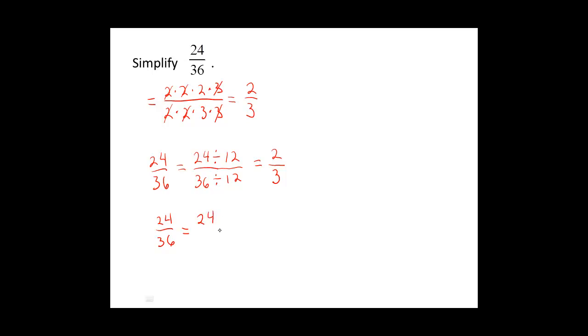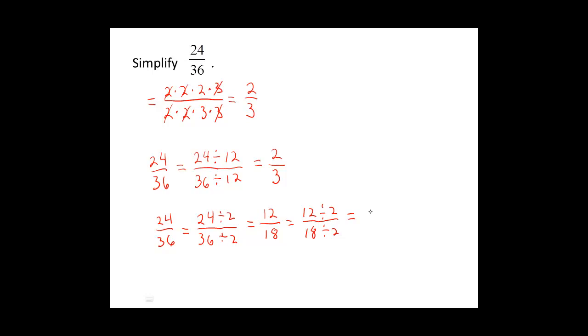So I can start by dividing the numerator and the denominator by 2. 24 divided by 2 is equal to 12, and 36 divided by 2 is equal to 18. Again, we have even numbers, so we can divide both the numerator and denominator of 12 and 18 by the number 2.